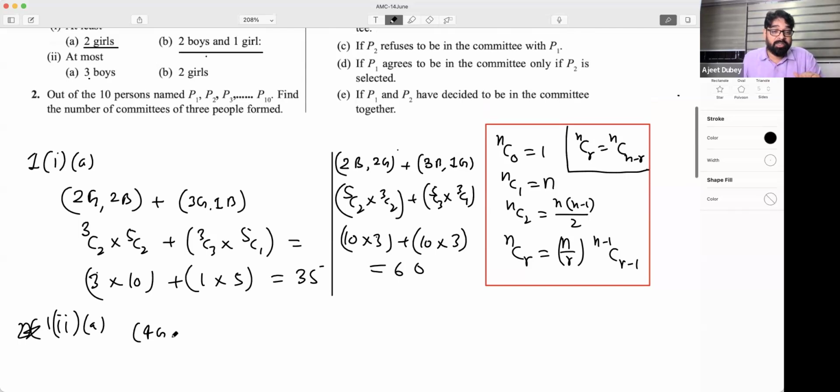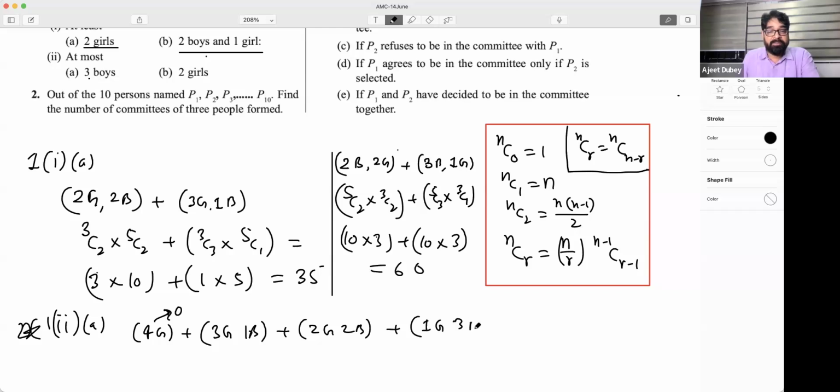Maybe all 4 girls, or 3 girls 1 boy, because there is no condition on girls. Be clear, 4 girls is a 0 case because 4 girls are not there. 3 girls and 1 boy, or 2 girls and 2 boys, or 1 girl and 3 boys.